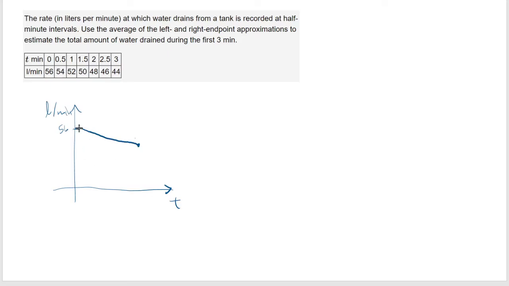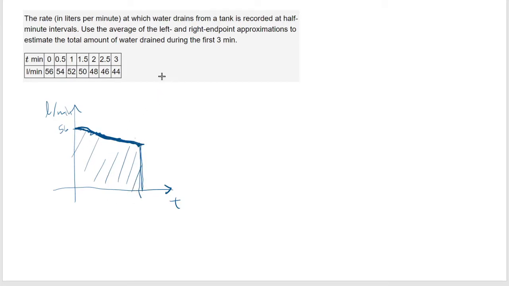It could be just a straight line, or it could be curved, but we don't know because we only know the exact values at the half-minute intervals. Let's say this is the area that we want. So how do we approximate the area under the curve?